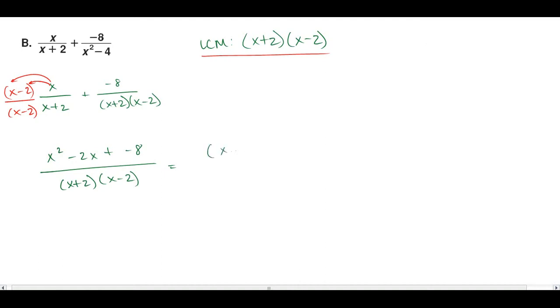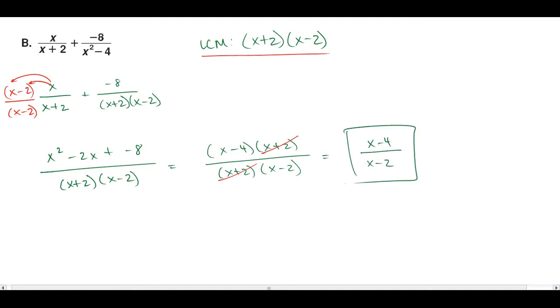Yeah, I think that's x minus 4 and x plus 2 all over x plus 2, x minus 2. Sweet! There's my answer. But wait! Good news! Somebody canceled. So therefore, my final answer, x minus 4 over x minus 2, that is our final reduced fraction. Done.